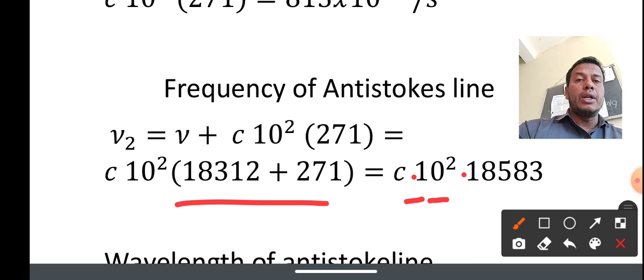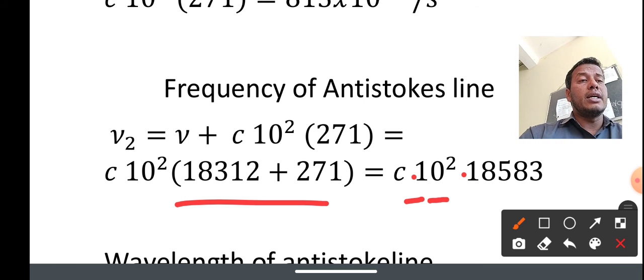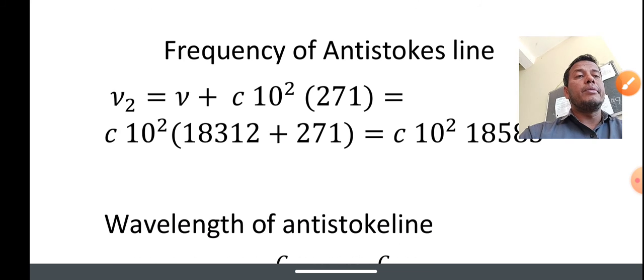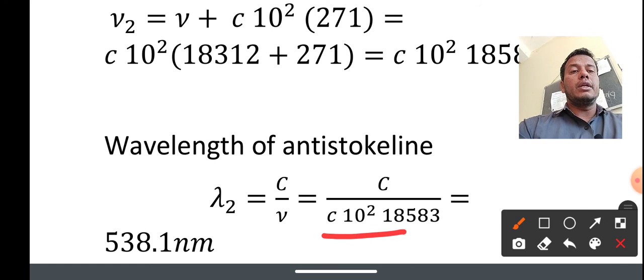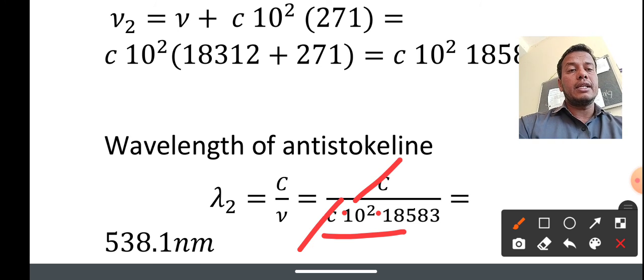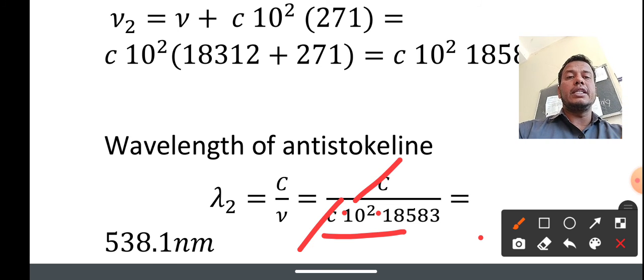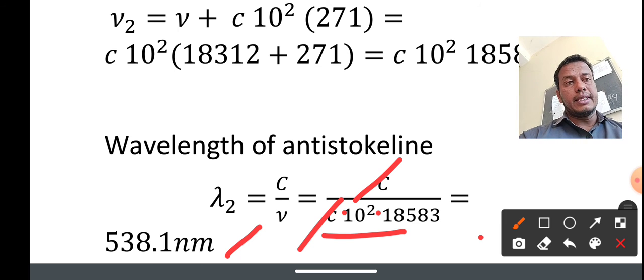Now to find the wavelength of the anti-Stokes line, as in the above problem, lambda 2 equal to c by nu, that is c divided by c into 10^2 into 18583. After c cancels, the value is 538 nanometer. This is the wavelength of the anti-Stokes line.